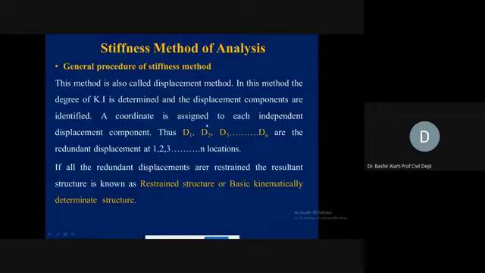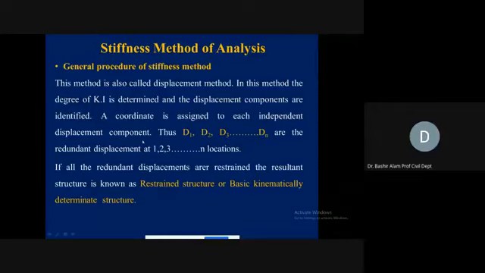A coordinate is assigned to each independent displacement. Now you will have to label each independent displacement. If you remember, we labeled the unknown reactions, the redundant actions. And what was its labeling? It was AR1, AR2, AR3, and so on.